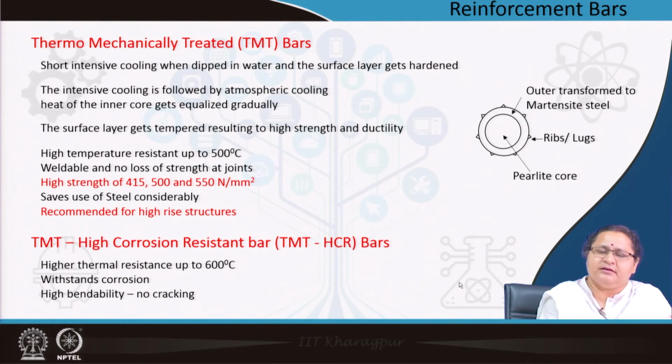So, we see the reinforcement bars are of different kinds, not only the mild steel bars. We have the mild steel bars for regular use, but with the advancement, cold twisted deformed bars or the high yield strength deformed bars have come to the market, having higher bond strength, higher tensile strength, lesser amount of use, hence making the whole system cheaper.